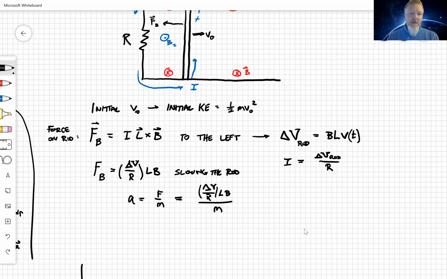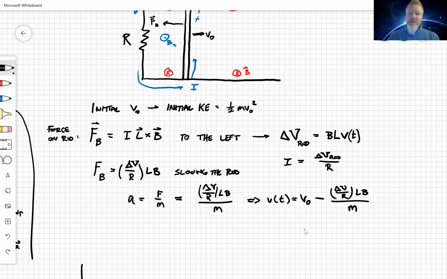Acceleration is to the left. So the velocity of the thing as a function of time, this V of t, must be what it started at minus all of this shebang, right? The potential divided by R LB over M, all right?